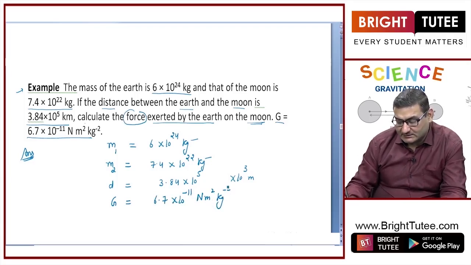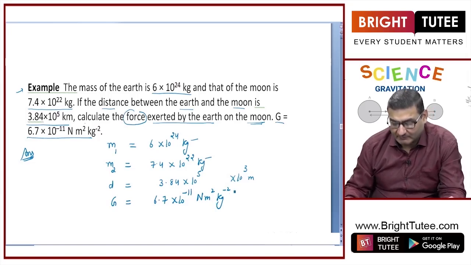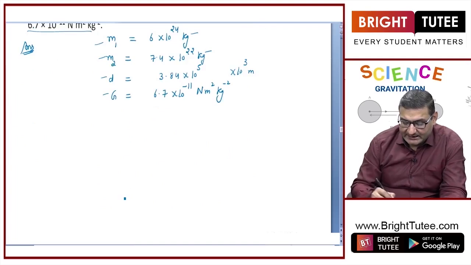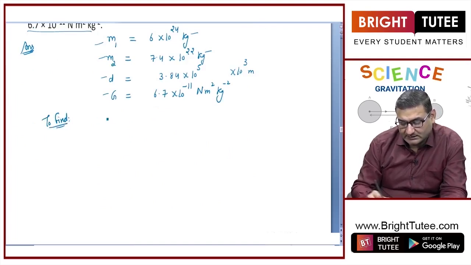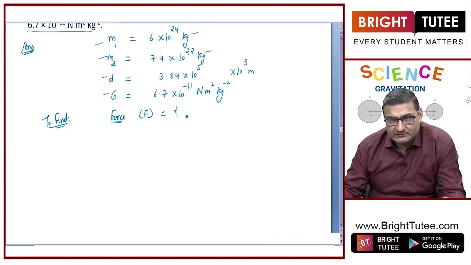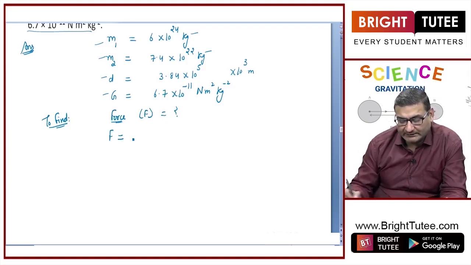Instead of the slash or divided-by sign, I have just written inverse square, which is one and the same thing. Now, all the values have been given, and I need to find the force exerted by the earth on the moon. As per the universal law, or Newton's law of gravitation, we know the formula for calculating the force.